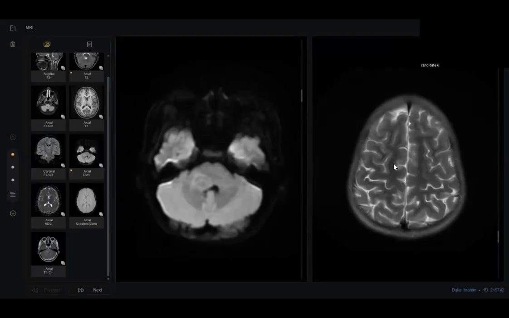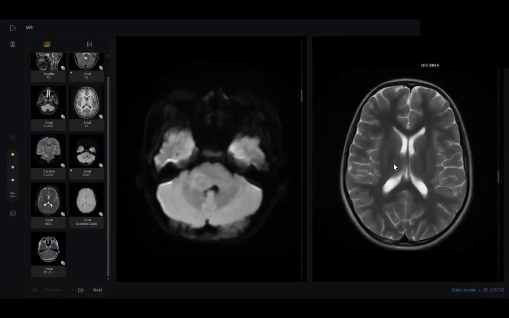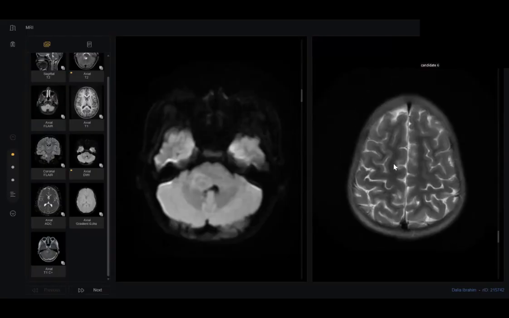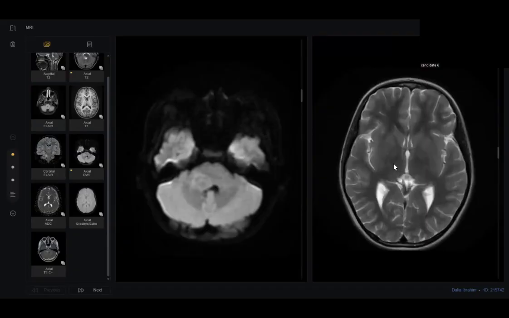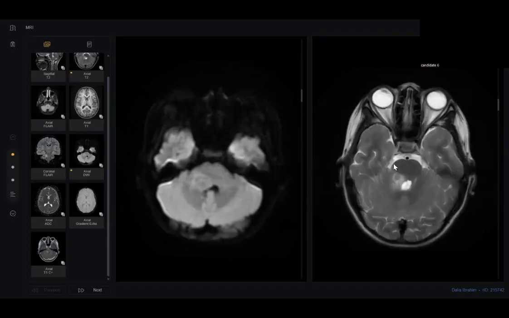Proteinaceous elements, lactate in the abscess. This is not an abscess. This is a tuberculoma. Tuberculoma shows caseation necrosis.